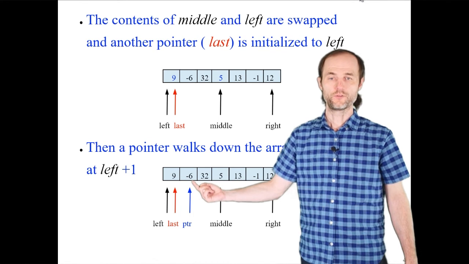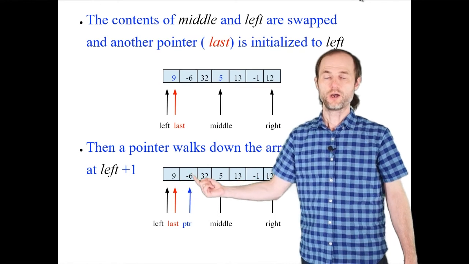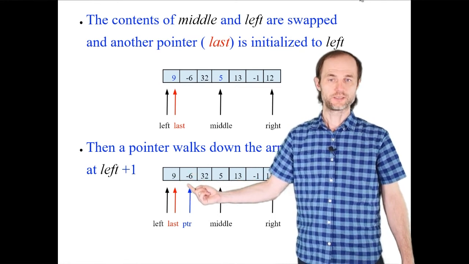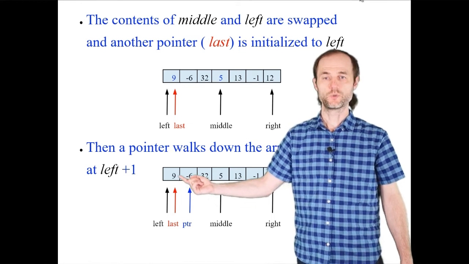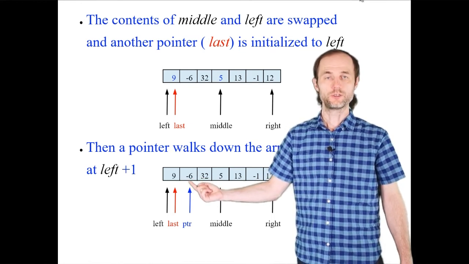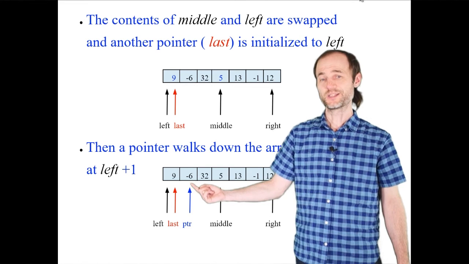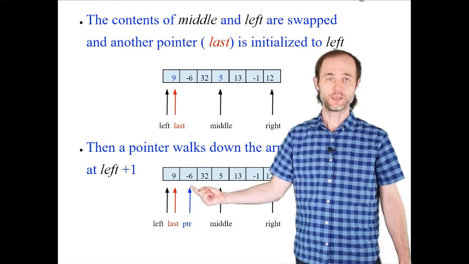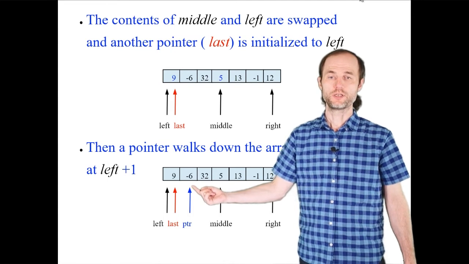Okay, if it's smaller than 9, let's swap it with the element that is right after last. So last is the one that's in its place. This one is going to be swapped with the one that's after last, so it will be swapped with itself. Basically, it means that this element is already in its location. Indeed, it is smaller than 9, so it's going to be sitting right here.